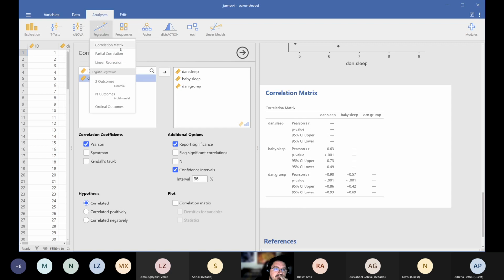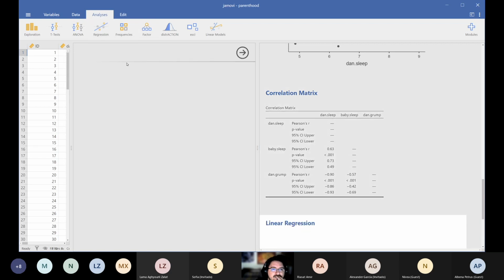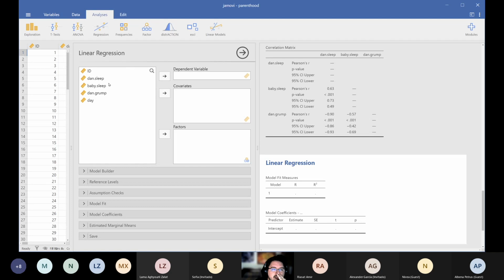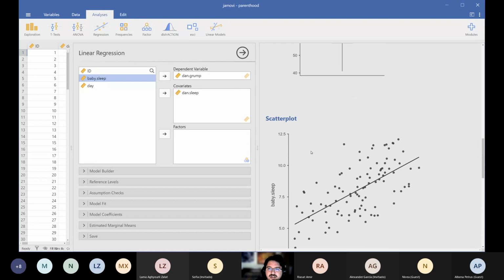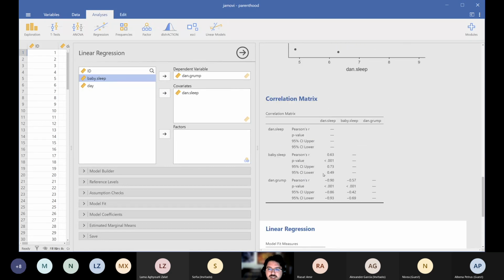So we go to regression, linear regression, and we say that the dependent variable is Dan grumpiness. I'm going to go first with Dan sleep, because it had the larger correlation. So grumpiness with Dan sleep is 0.90, and then grumpiness with baby sleep is just 0.57.